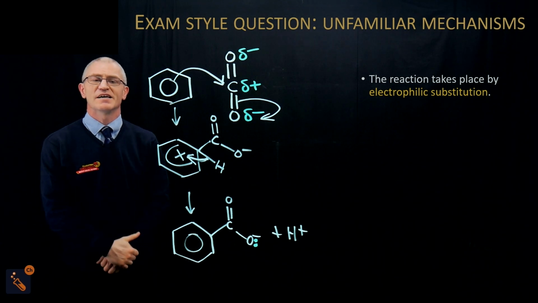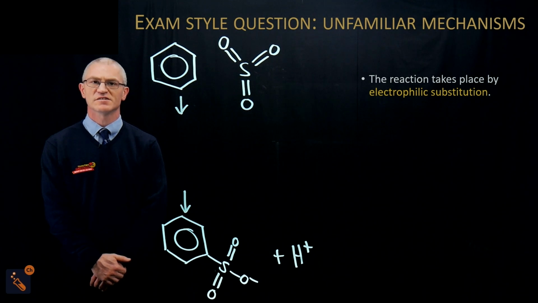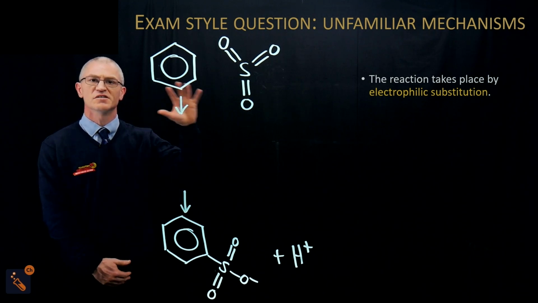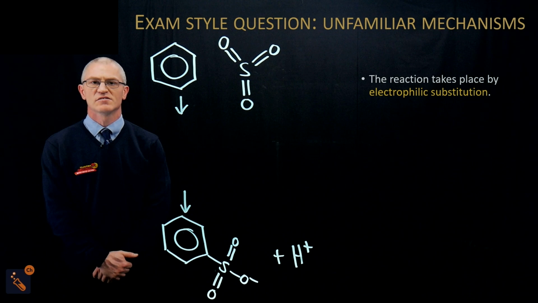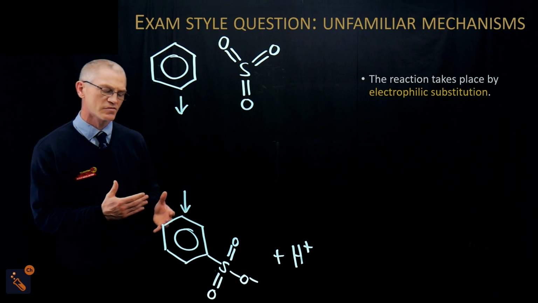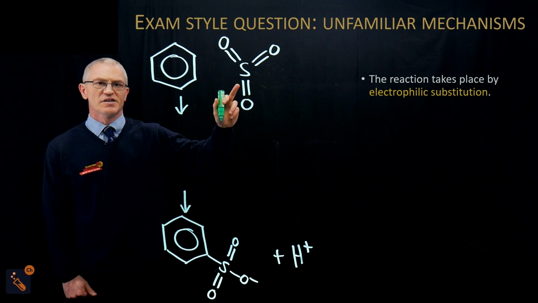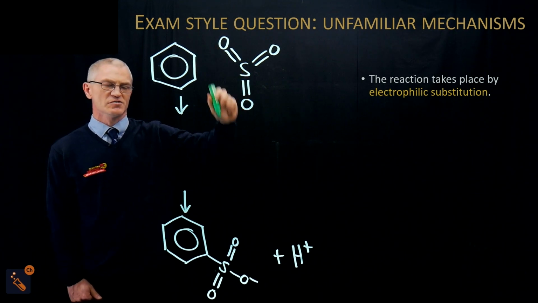And we're going to go through another unfamiliar mechanism now. Now, if you look at our last example, try and do this example here. See if you can do the intermediate. You'll see it's very similar to before. Now, let me take you through it. If you look here, we've got sulfur and an oxygen.